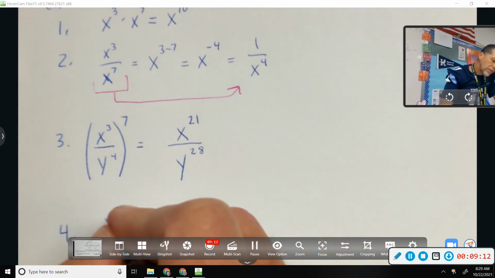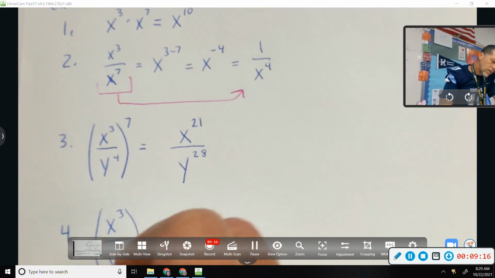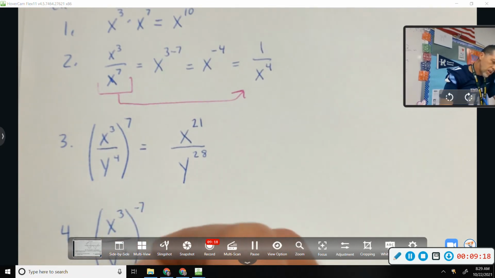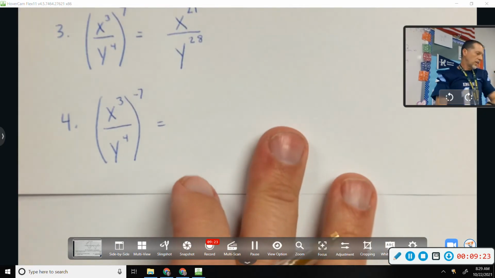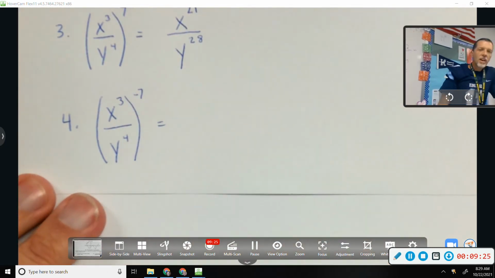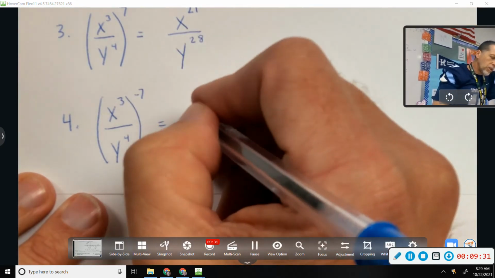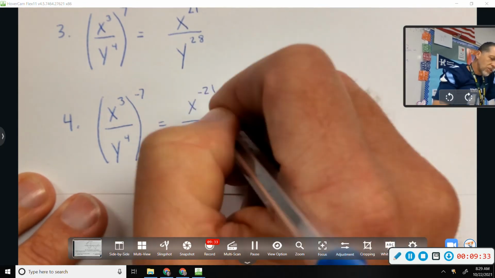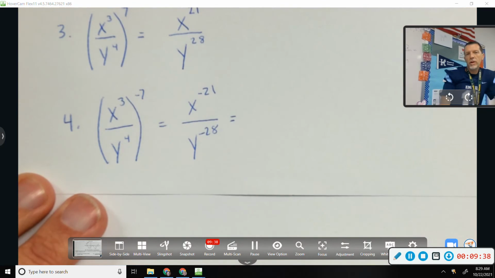What if that was a negative 7 though? X cubed over y to the 4th, to the negative 7. So you could flip it and then distribute the 7, or you could distribute the negative 7 first. Power to a power, you multiply.